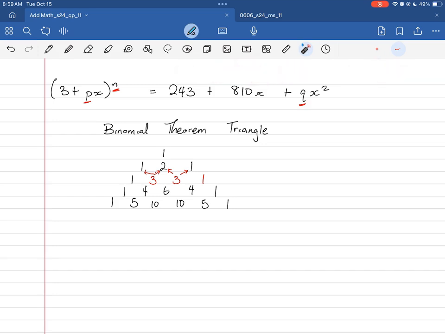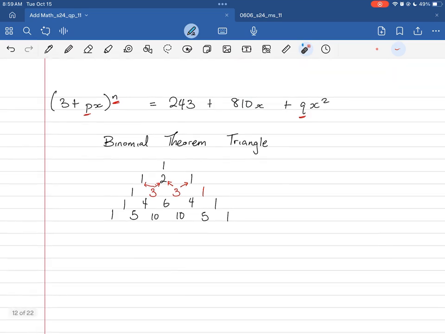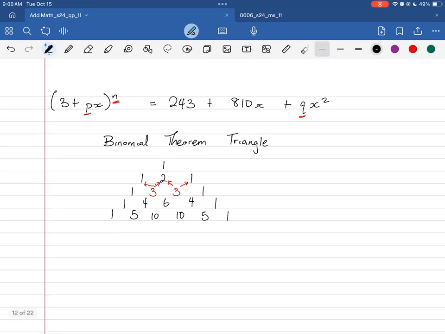Ascending powers basically means the powers go up, yes. So ascending powers of x means from x⁰ to x¹ to x² to x³ to x⁴. This is what ascending powers of x means, that the powers of x increase. So your first term is a constant.